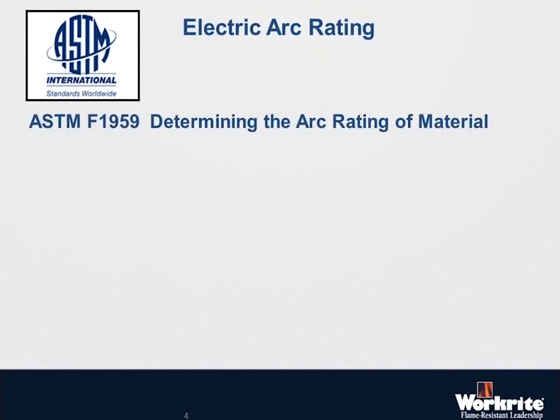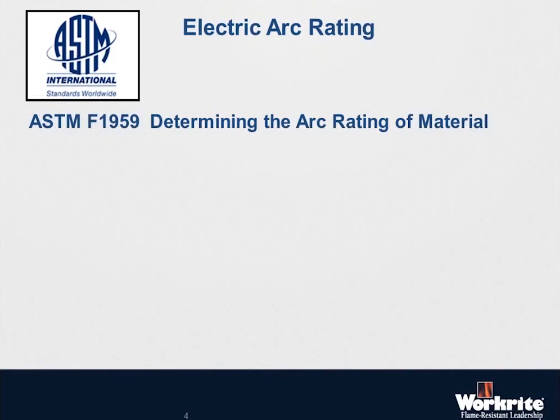Now, when you move into the next phase, if you're looking at products that are protection against electric arc flash, all those fabrics have to have an arc rating developed for them. And in order to determine the arc rating of the fabric, it has to go through the ASTM F1959 test.